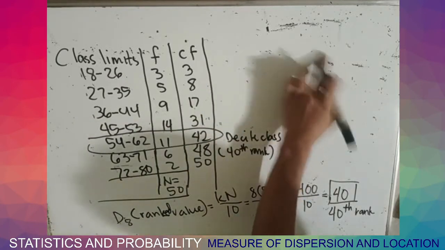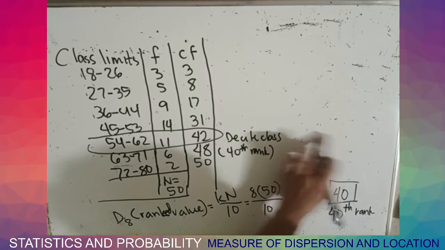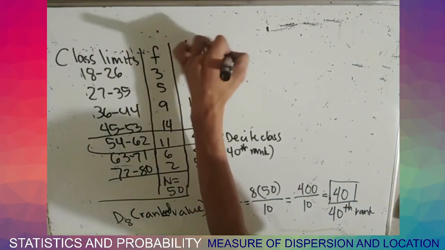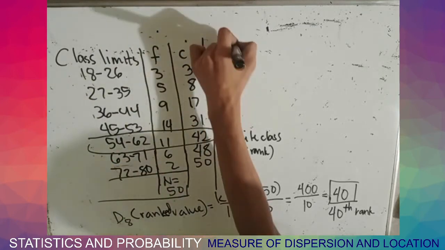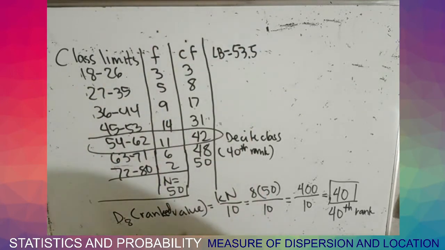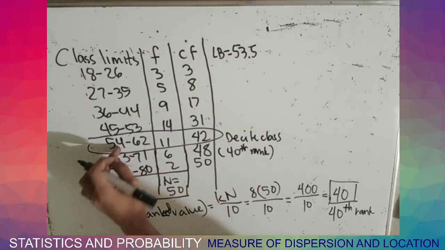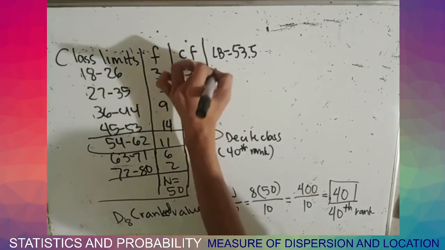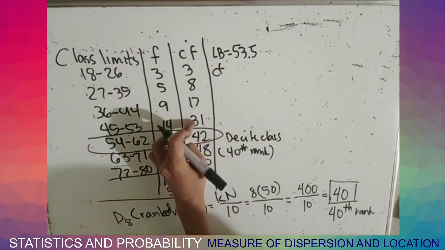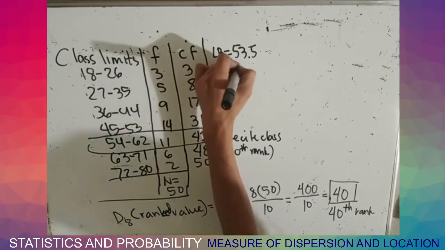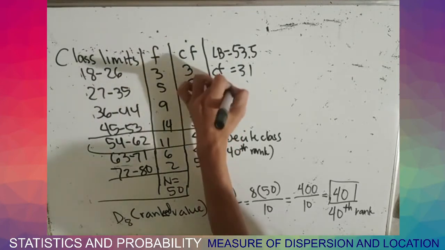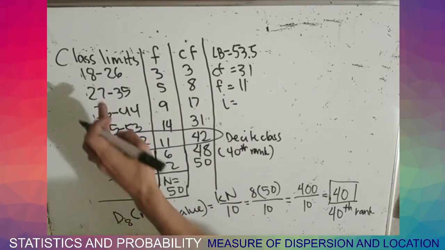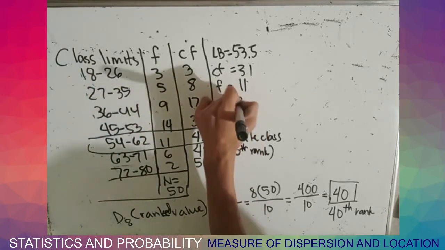So we will compute the decile. Sulat lang natin yung mga values. LB natin, 53.5. Di ba, minusan lang natin si 54 ng 0.5, kaya naging 53.5. Next. CF before the decile class, 31. Frequency is 11. Interval, di pa rin nagbago, 27 minus 18 is 9.